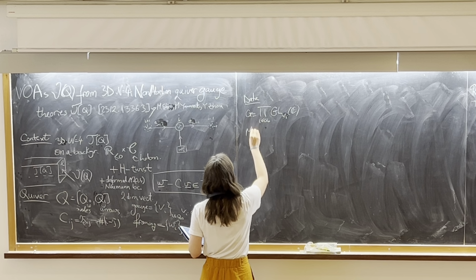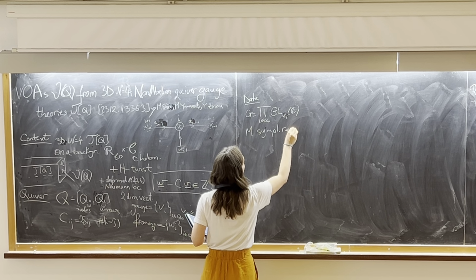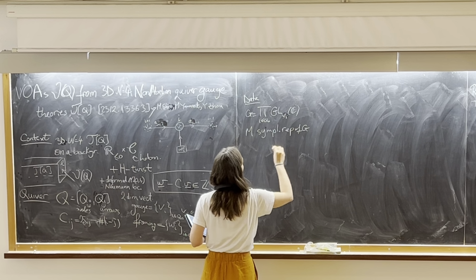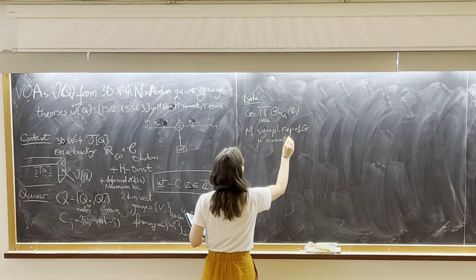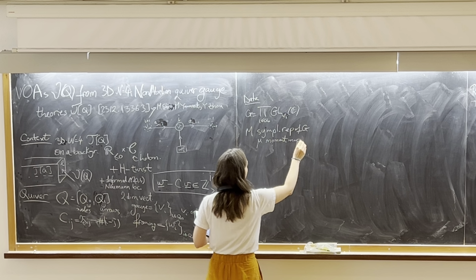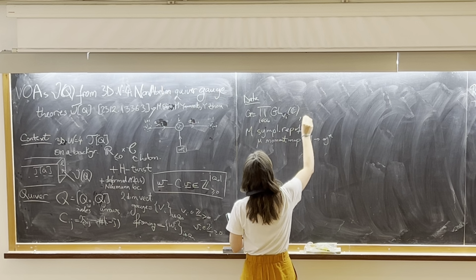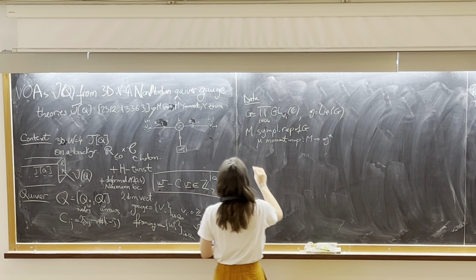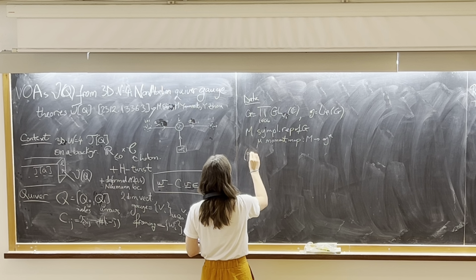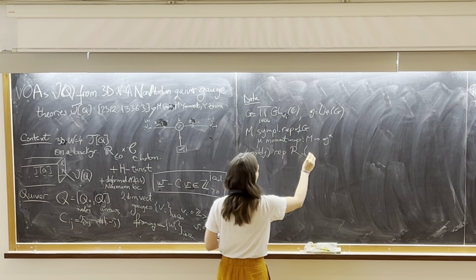There will be M, a symplectic representation of G with moment map mu, and possibly some representation R, fundamental or anti-fundamental, of this group.